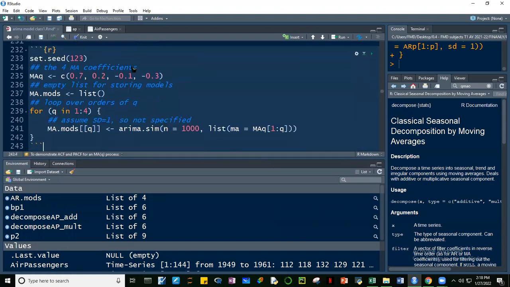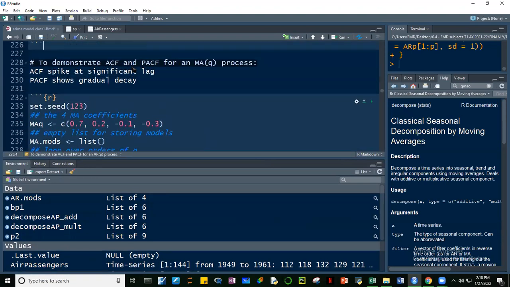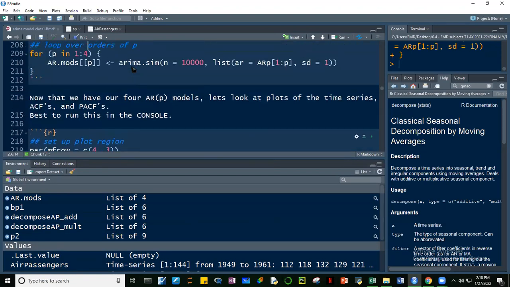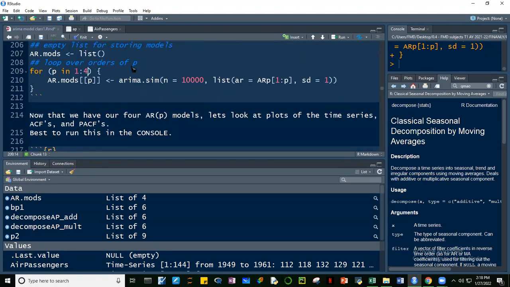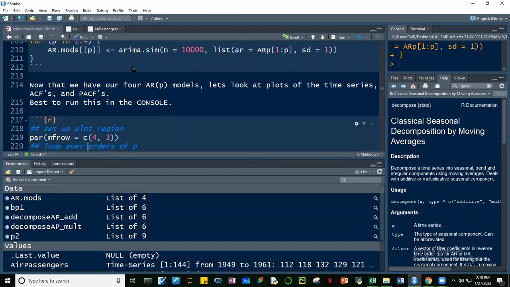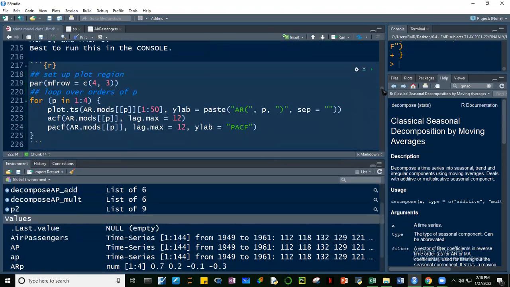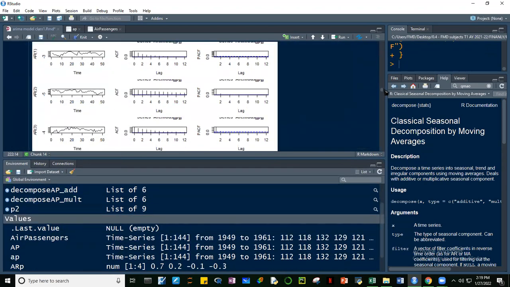Yan, we now have guys yung AR mods natin sa taas. Okay, so we'll just continue with this next meeting guys, itong AR mods natin. So naka-generate na tayo ng AR mods. Tapos, i-plot na lang natin last. Okay, so this is now plotting it.